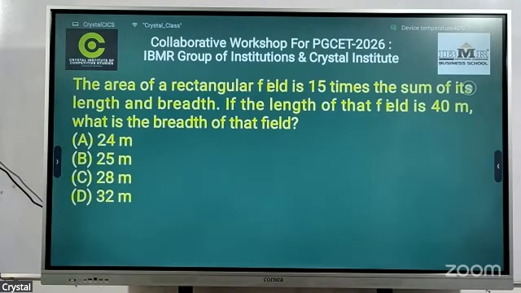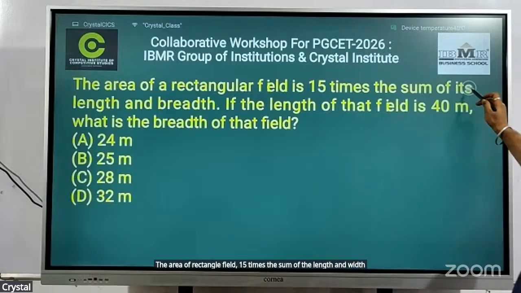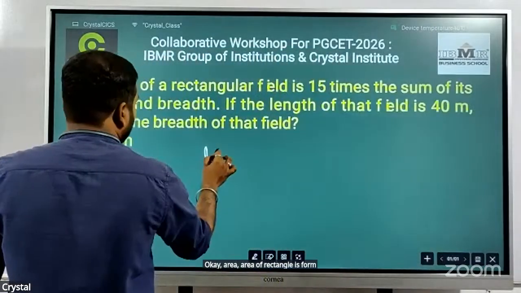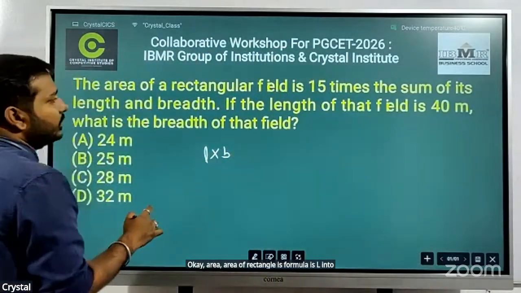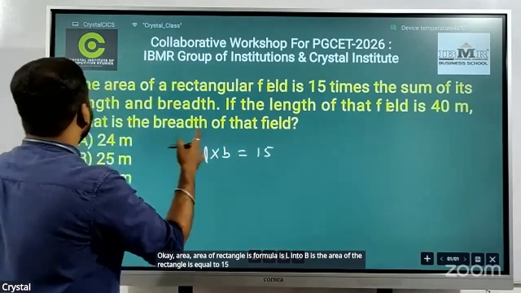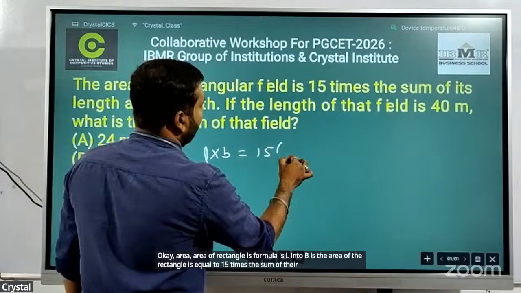Next, the area of a rectangular field is 15 times the sum of its length and width. The area of a rectangle is L into B, which is equal to 15 times the sum of length and width.